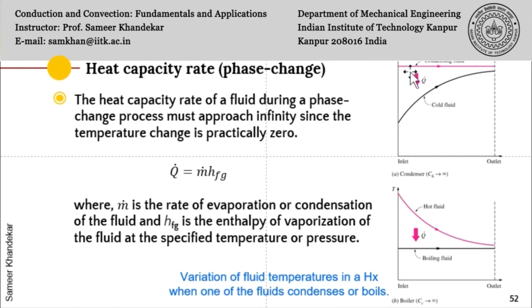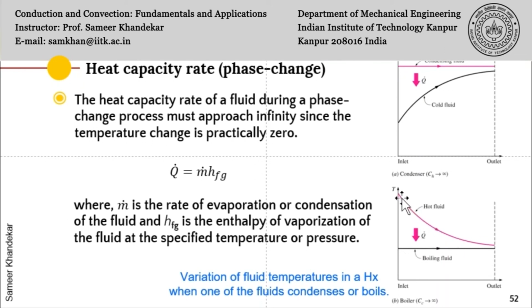So you can see here a condensing fluid, the delta T is practically zero, and therefore the heat capacity rate approaches infinity theoretically, and similarly in a boiling liquid also.